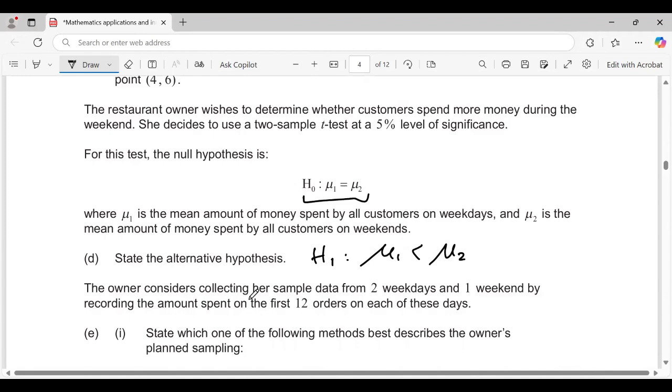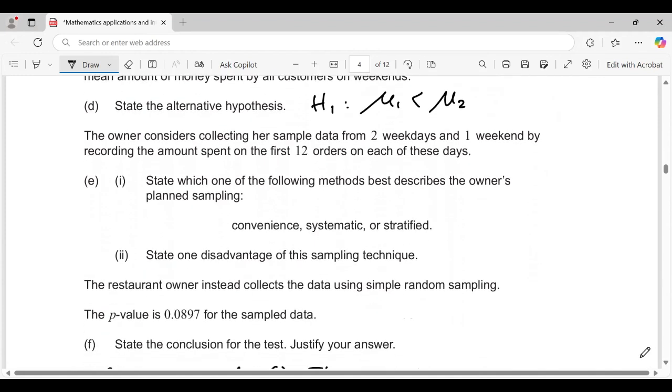The owner considers collecting her sample data from 2 weekdays and 1 weekend by recording the amount spent of the first 12 orders on each of these days. State which one of the following methods best describes the owner's planned sampling.